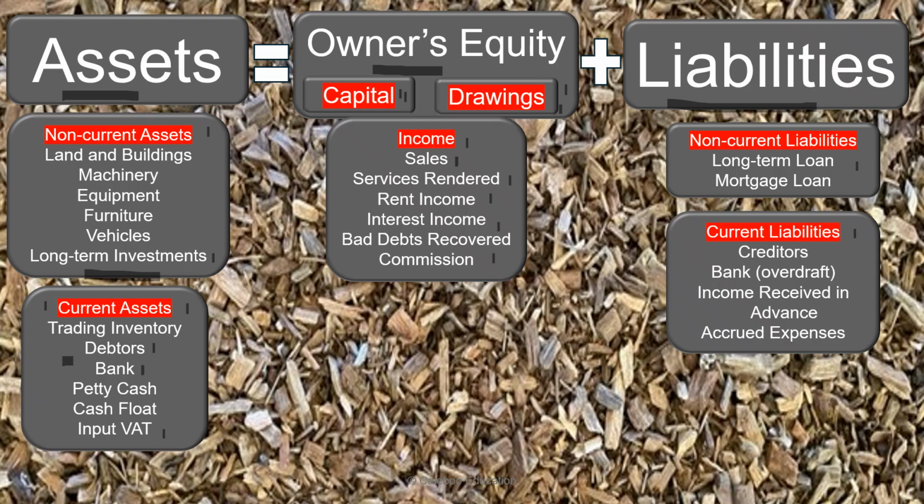And when the debtor pays us, we credit the account bad debts recovered. It does not go onto the debtor's account as that was closed. So if we receive money from a debtor who has been written off in our books at a later stage, we debit bank and we credit bad debts recovered. Bad debts recovered is income to the business.